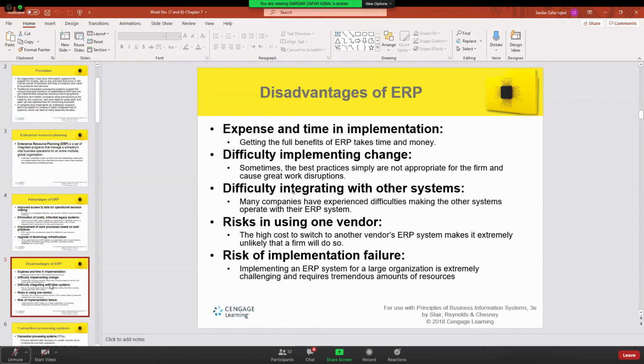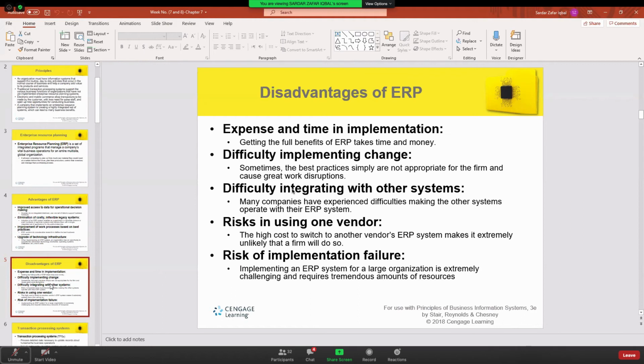So, risk of implementation failure. Yes, implementing an ERP system for a large organization is extremely challenging and requires a tremendous amount of resources. Whenever you are implementing these things, risk is always there. What is risk? Risk is a future problem. You are trying to implement the ERP in your organization, but what if it doesn't give you any benefit after implementing, especially in a large organization?